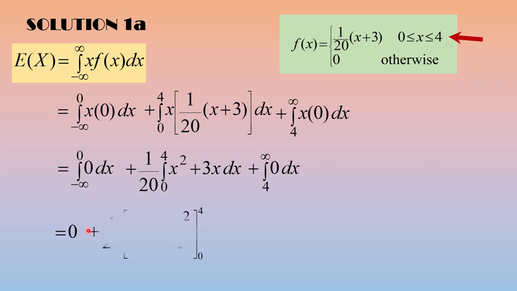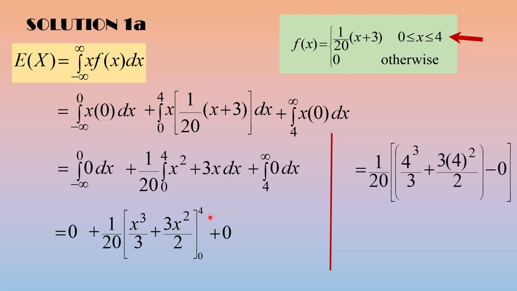Therefore, 0 plus 1 over 20, integrate x squared, the answer is x cubed over 3, plus integrate 3x, the answer is 3x squared over 2. After we integrate from 0 to 4, we substitute the value of 4 into the function minus 0.